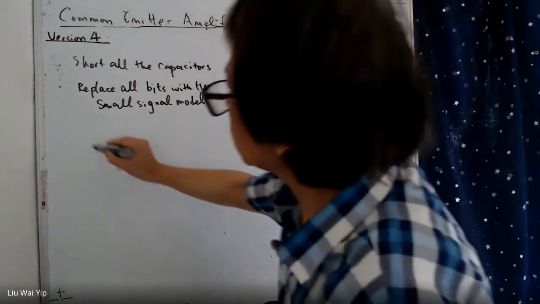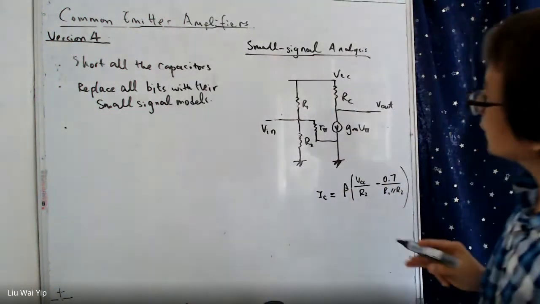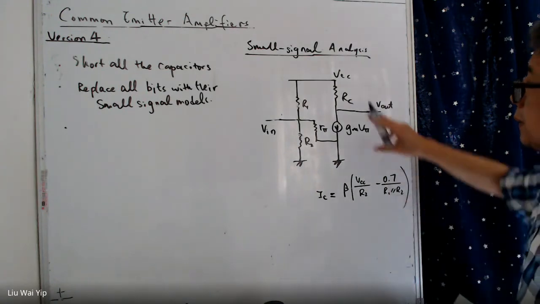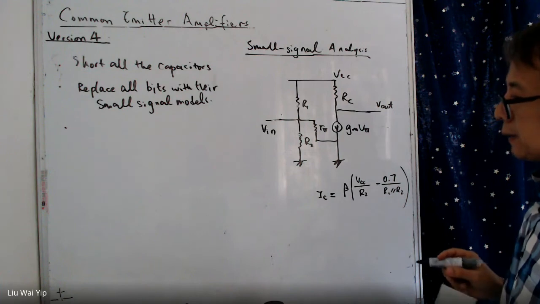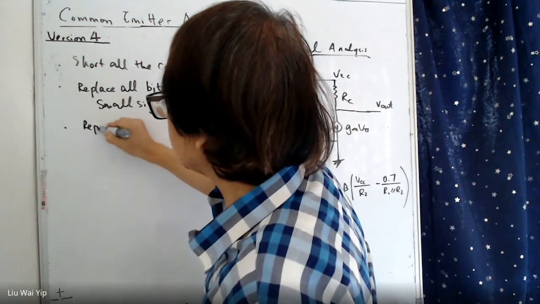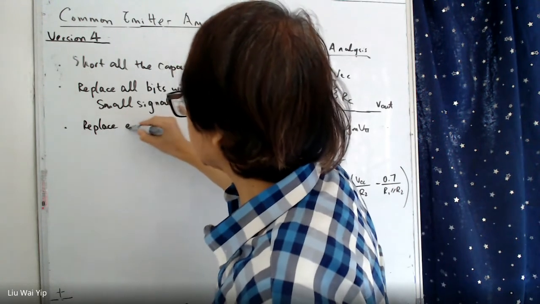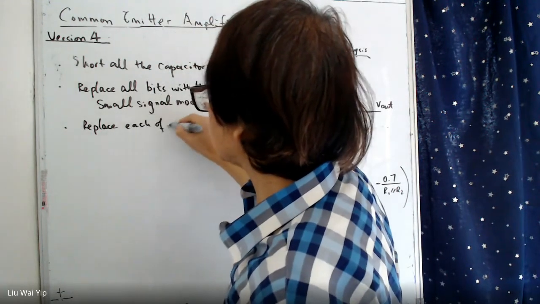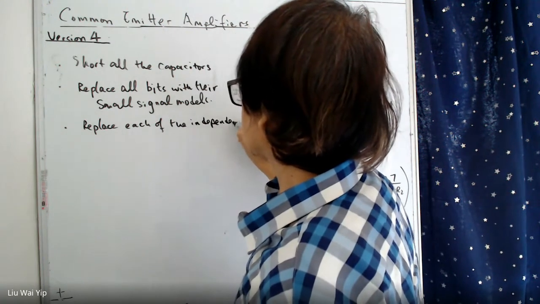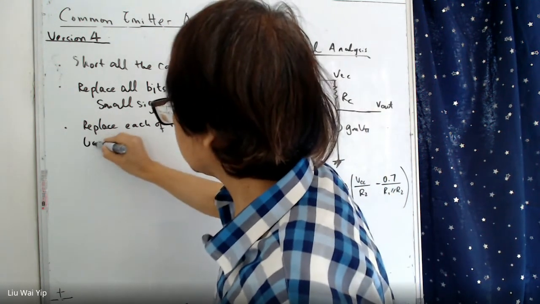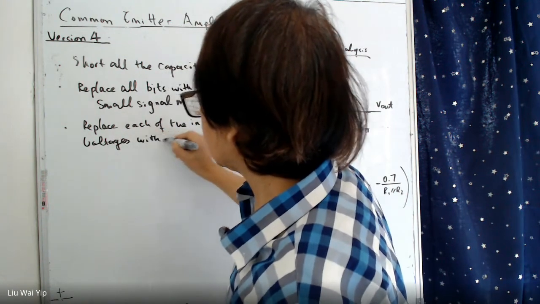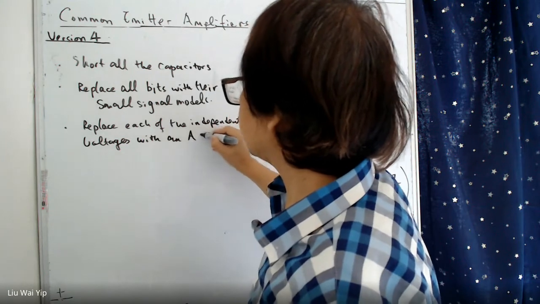And now the next step is to replace all the independent voltage sources with their AC ground. So replace each of the independent voltages with an AC ground.